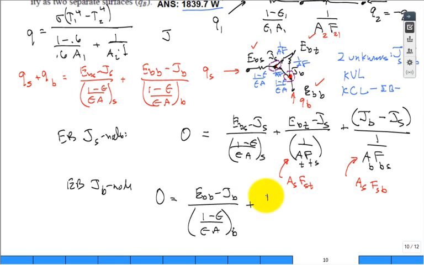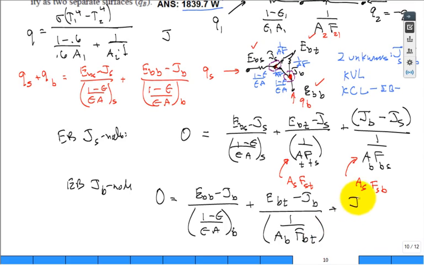Then we're going to have EB of the top minus J of the bottom divided by 1 over the area, let's pick bottom, view factor bottom to top, plus, not EB, it's a J of the side minus J of the bottom divided by 1 over area side view factor side to bottom.